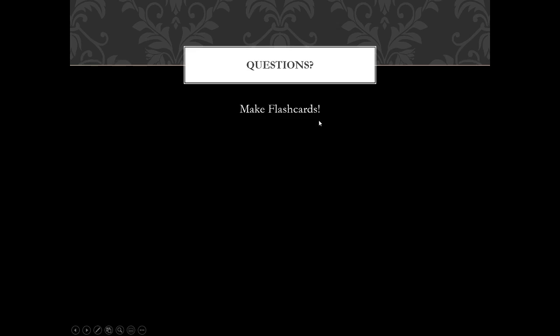Make sure that you're making flashcards. You need to categorize your flashcards by what the mechanism of action is. So is it a cholinergic, a direct acting cholinergic, or an indirect acting cholinergic? Is it an adrenergic? Is it an anticholinergic? Is it a benzodiazepine?